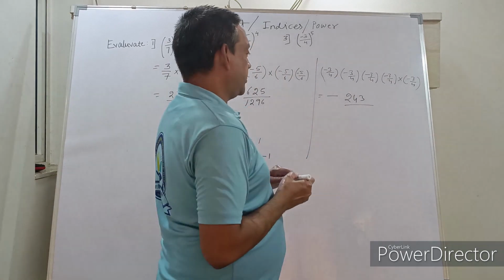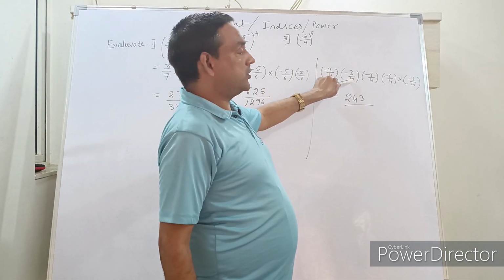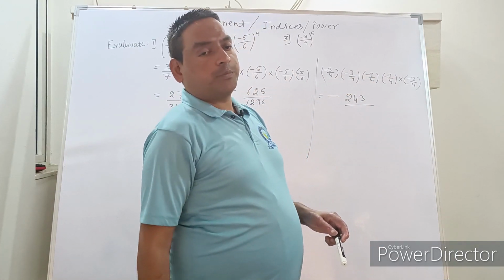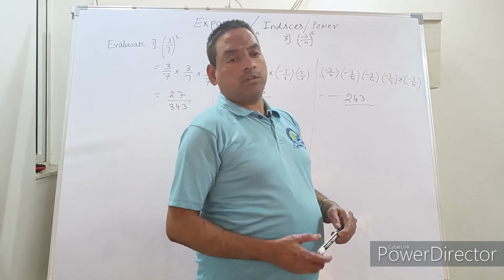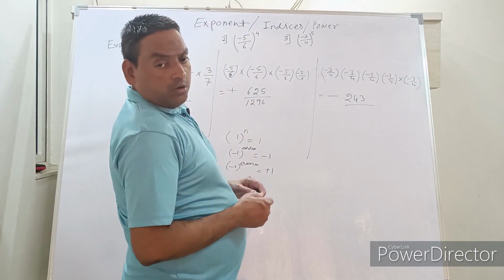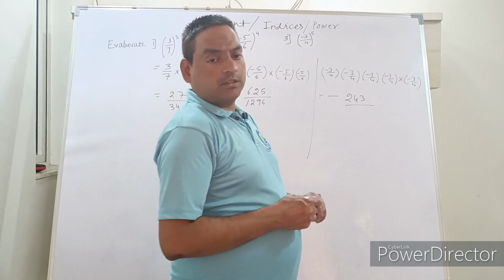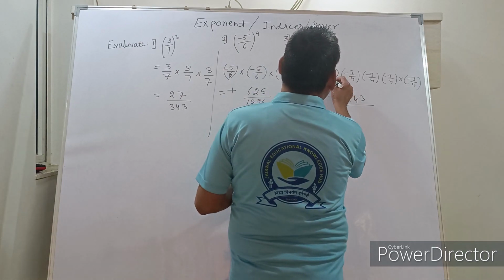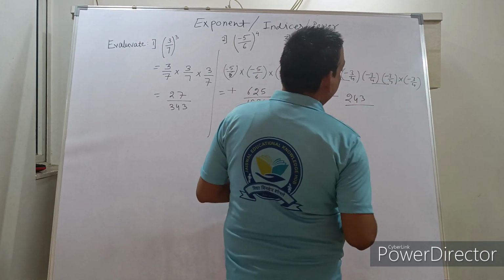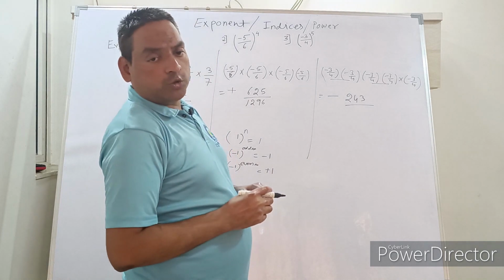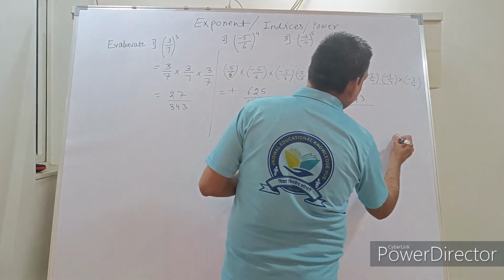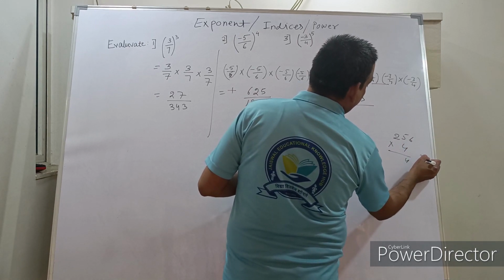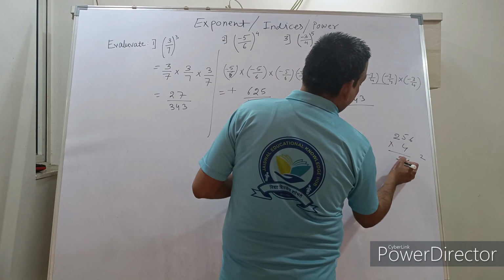Then next one is 4 into 4 is 16, 16 fours are 64, 64 fours are 256, 256 into 4 is 1024. You can multiply also 16 and 16 and then multiply by 4: 16 squared is 256, 256 into 4, 6 fours are 24, carry 2, 20 plus 2, 20.